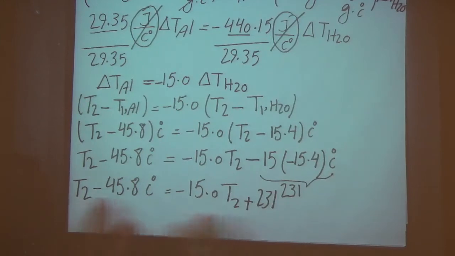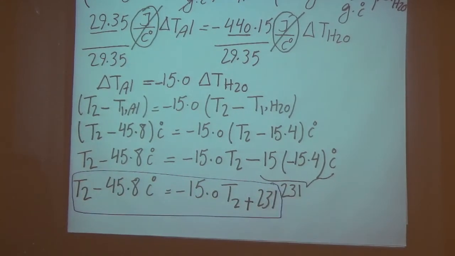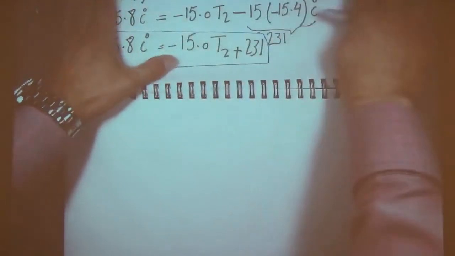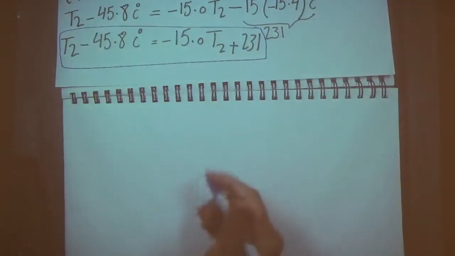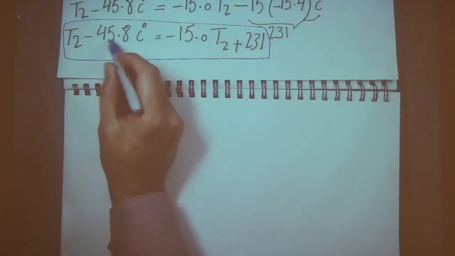Now I'm going to rearrange this one. I will add this number to both sides, and also I will add the 15 T2 to both of them. So let's take this part. You go with adding 45.8 to both sides.